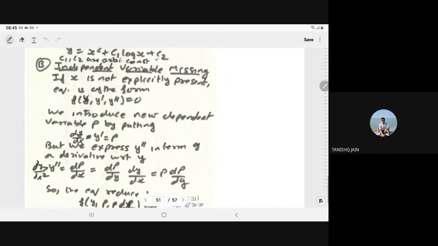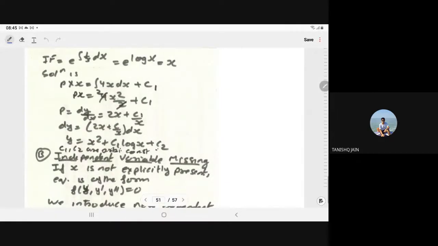So you know the solution of the linear equation. We have to compute the integrating factor. Integrating factor is equal to e to power integral P dx, so e to power integral 1 upon x dx, so e to power log x, or x. So the solution is, in general, y into integrating factor is equal to integral of Q into integrating factor dx plus c.